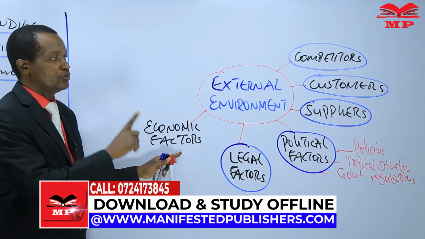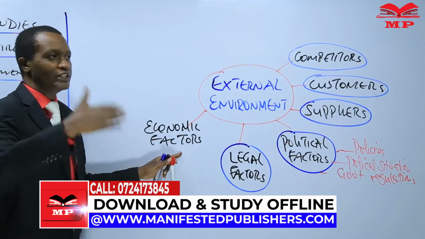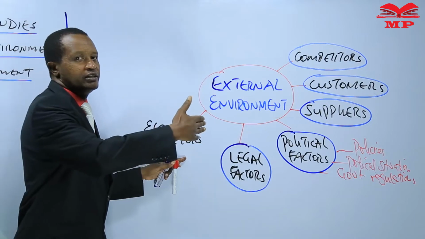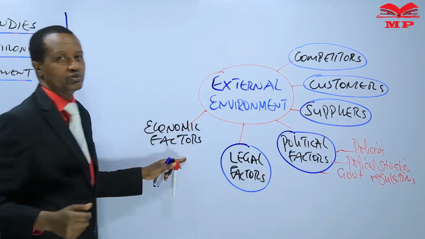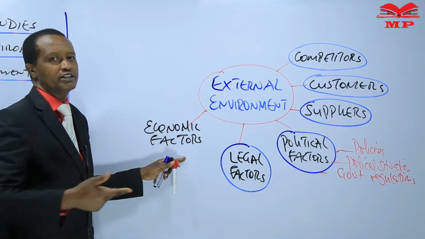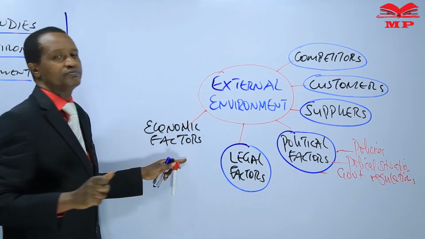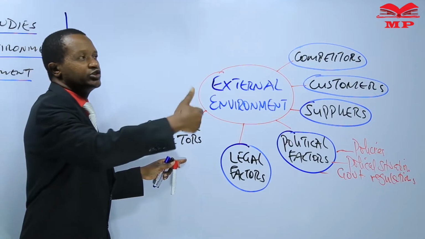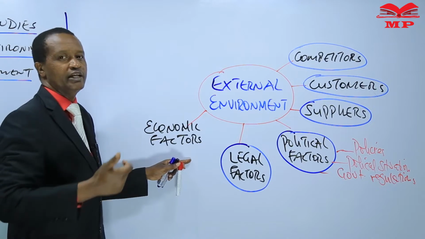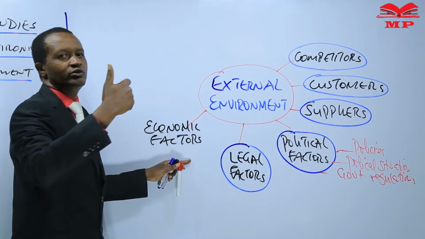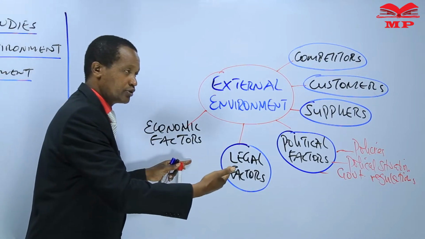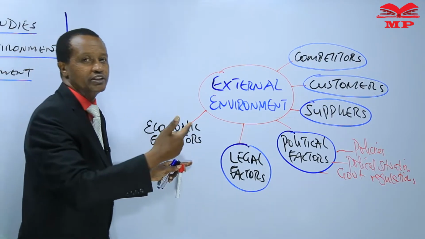A business will need to monitor trends in the economy, as changes may affect its operations. For example, changes in the level of prices in the economy, the changes in interest rates, the changes in inflation, okay? All this will affect the cost of products and also the cost of doing business.